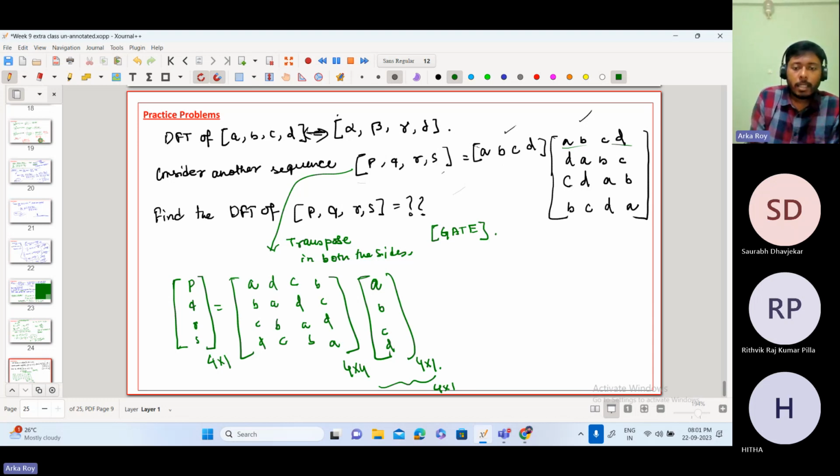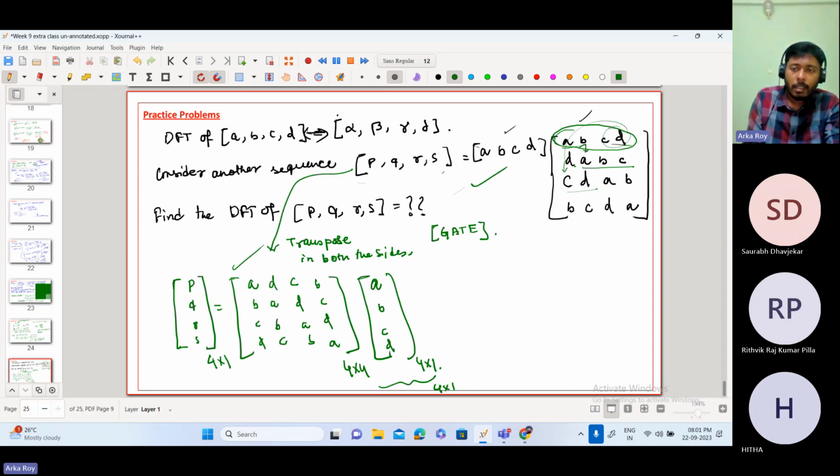So can you see any relation with this multiplication, either over here or over here? Now you can see initially the sequence was like this, and then the sequence is circularly rotated. You fix one sample at the initial position and then you rotate.